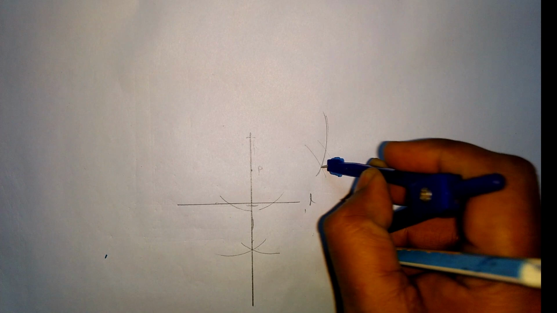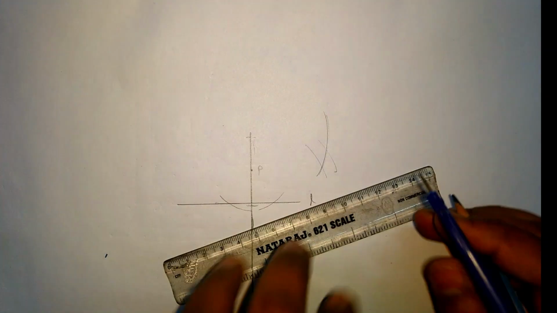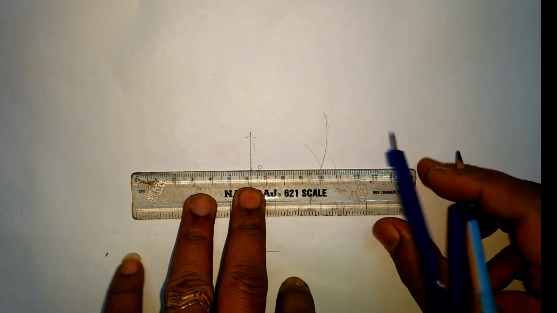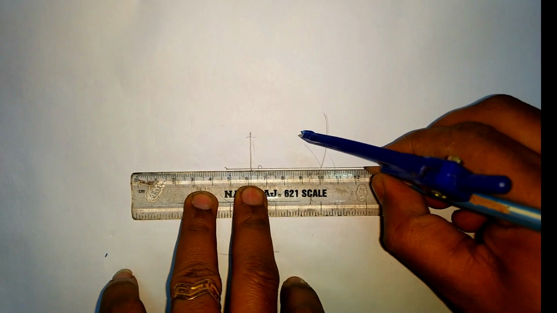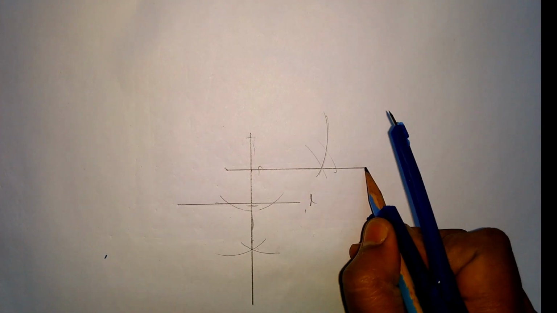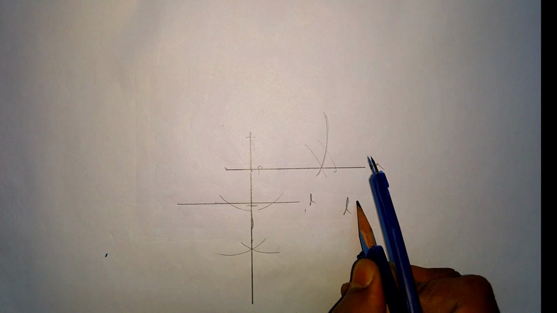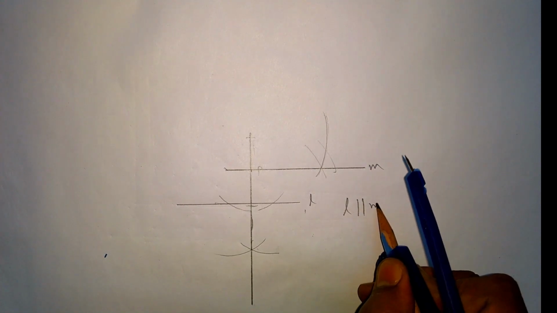You will get one point. Just join this point and point P. You will get a line M. Now line L will be parallel to line M.